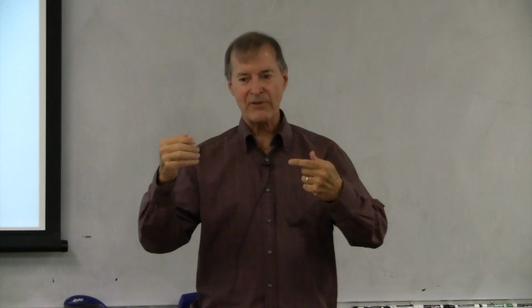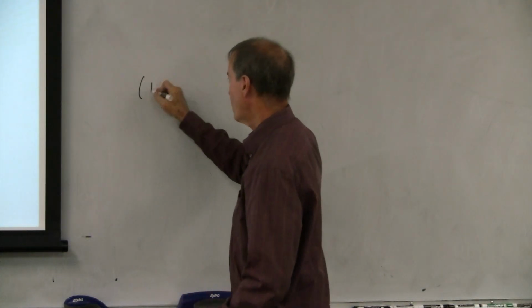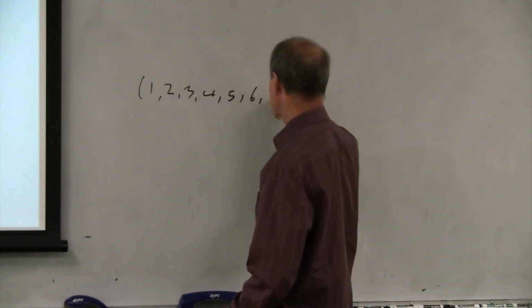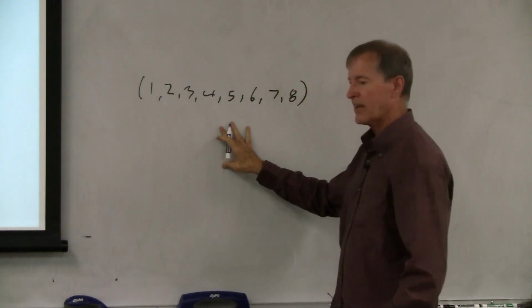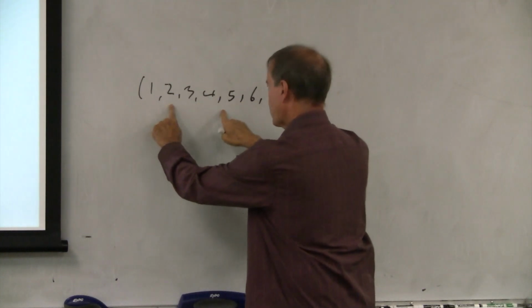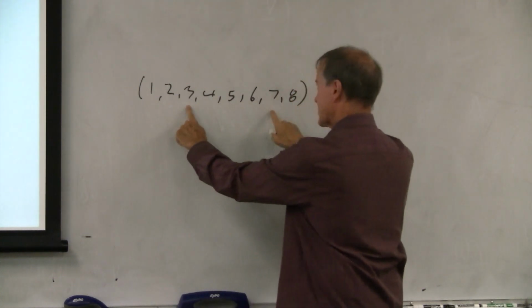For example, let's say this linked list. Suppose in your linked list library, you wanted to be able to shuffle the elements of a linked list. So instead of having the list be 1, 2, 3, 4, 5, 6, 7, 8, suppose you wanted a shuffle capability that would give you 1, 5, 2, 6, 3, 7, 4, 8.